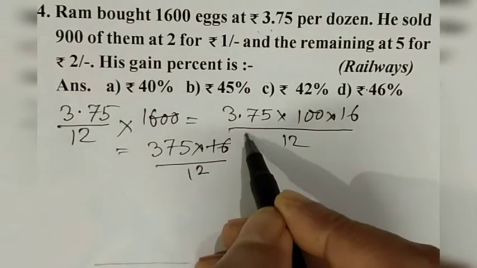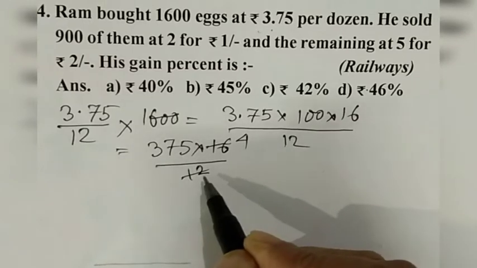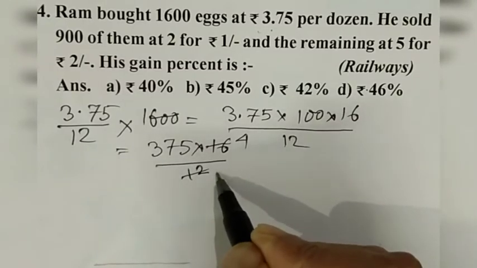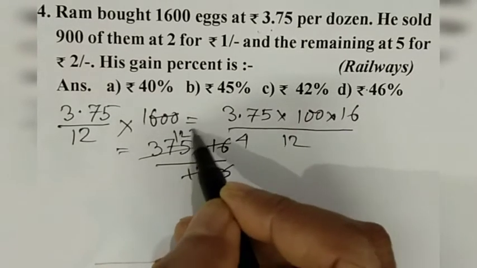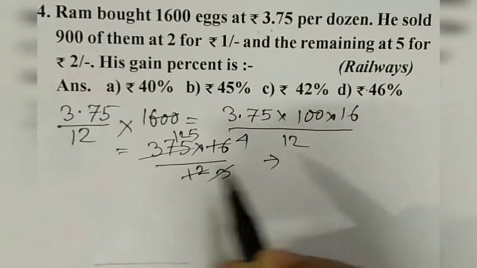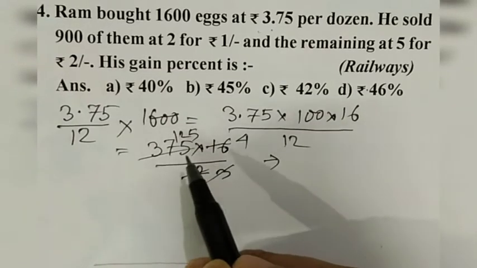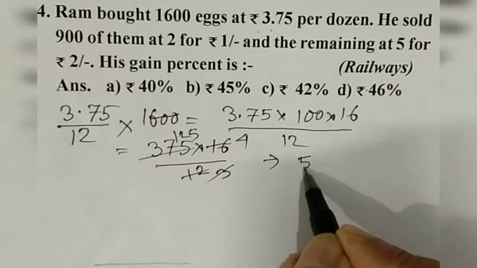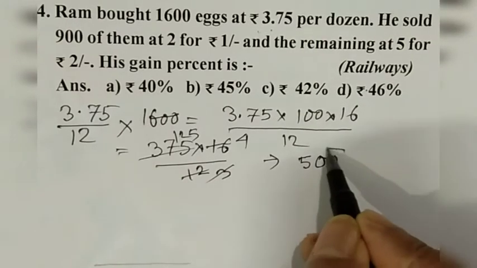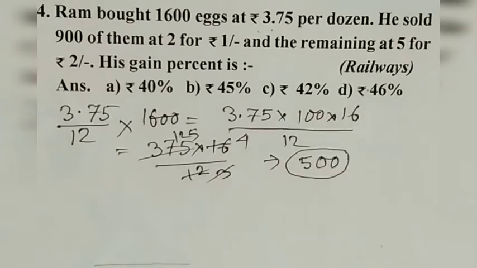By 4 and by 4, 3, 125, equal to 125 and 4 product, 500. This is cost price.